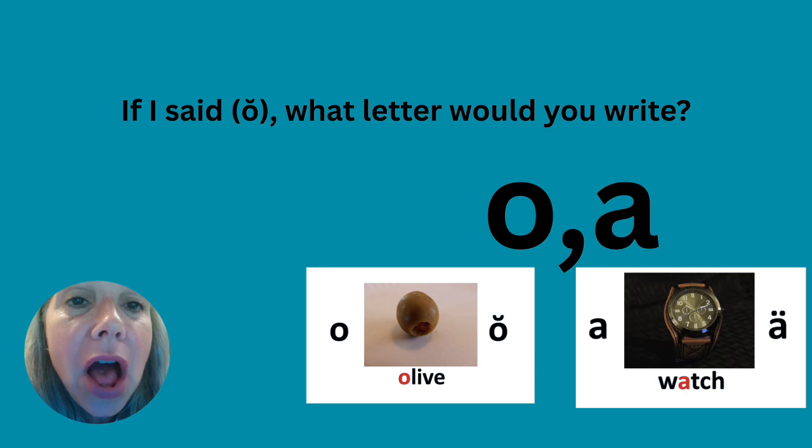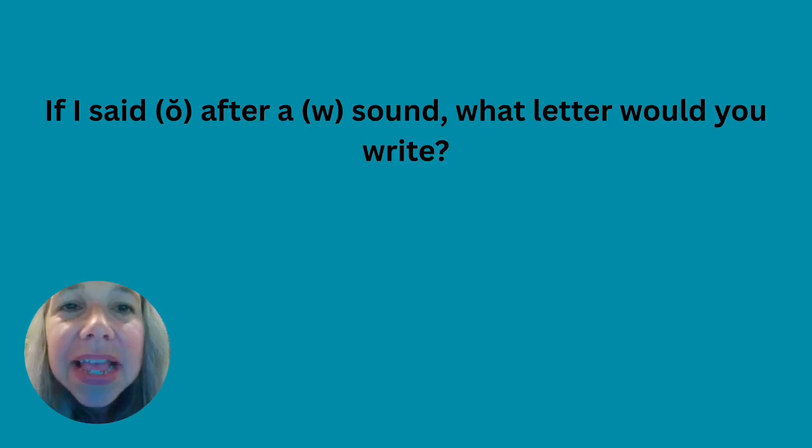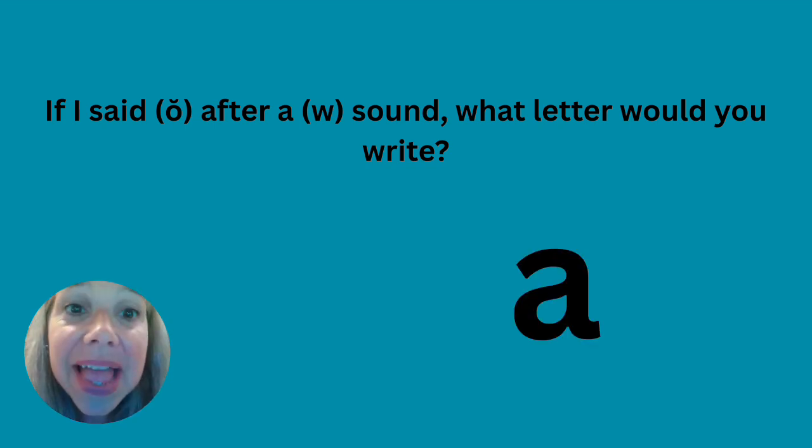If you hear that ah sound right after the w, you are always going to write the letter A. If I said ah right after a w sound, what letter would you write? A. Let's practice spelling some words today with the ah sound spelled with the letter A.